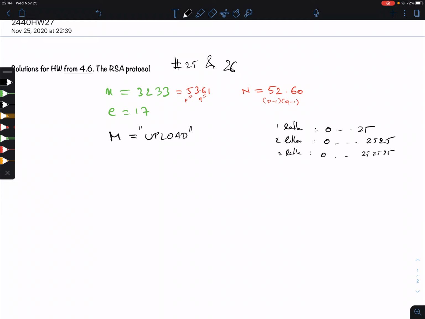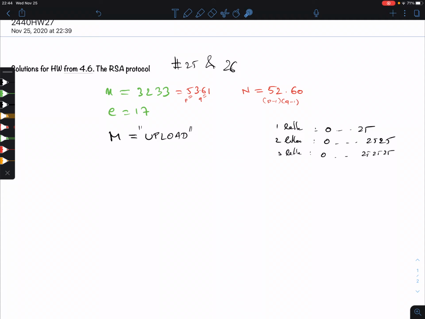If you want to encode that, it would not work, because this number is too big, meaning that the residue, the remainder mod 3233, is not unique, and so there are many numbers here that will have the same remainder mod 3233. So that's something we cannot allow.